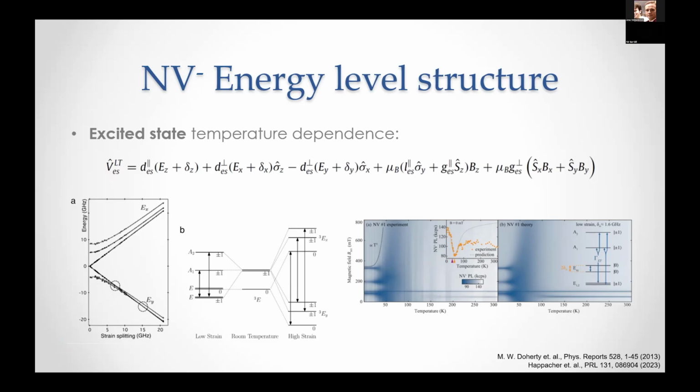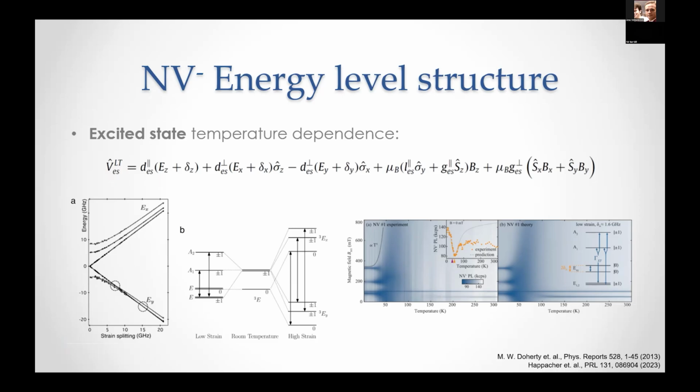I do want to point out this nice result here. These are actually simulations and measurements that were done in Patrick Malatinsky's lab. This is the reference, and what this shows, this is actually a color map of fluorescence intensity, right?